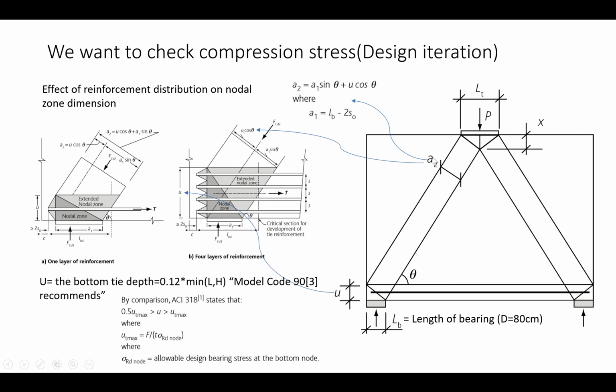We call it A2, and the bottom tie depth develops at the tension zone.